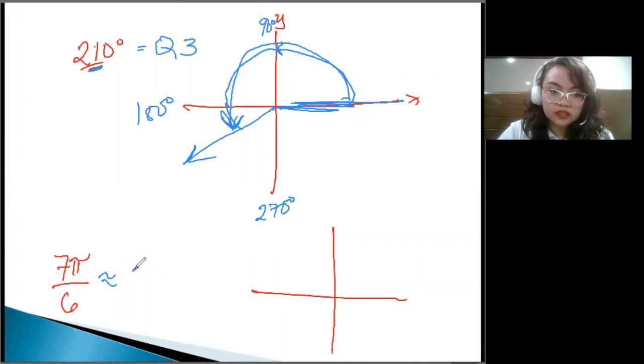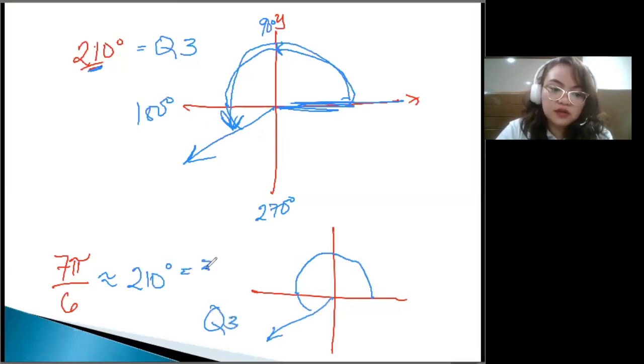Since you know that it's 210, para yung kanina lang yan, lampasan mo si 90, lampasan mo si 180 kasi nga 210 degrees. So we fall under quadrant 3. This is still quadrant 3. Okay? So that's how you do it.